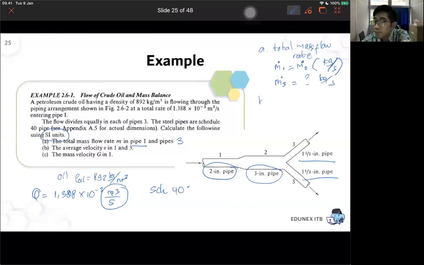And then B, the average velocity. Average velocity is linear velocity at point 1 and at point 3. The unit will be meters per second. And then mass velocity. Mass velocity is kilograms per second per square meter. Okay, to solve this problem, what do you need to do first?